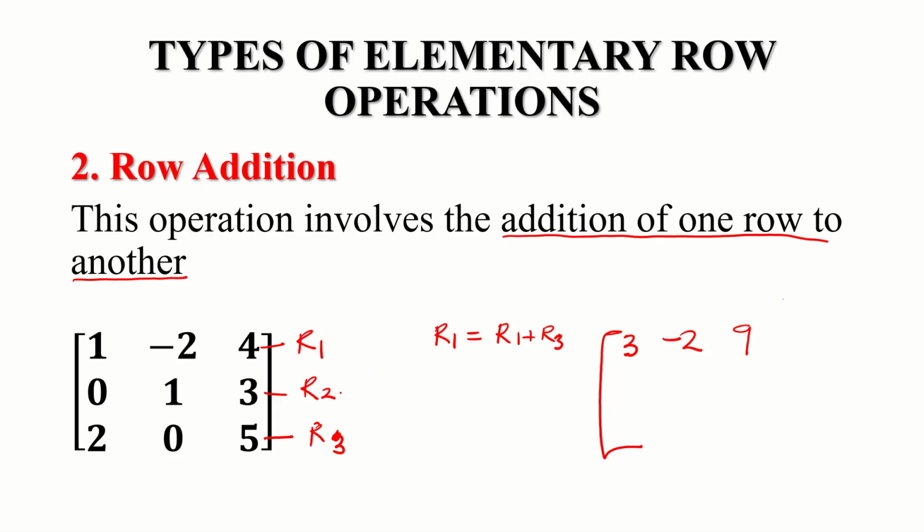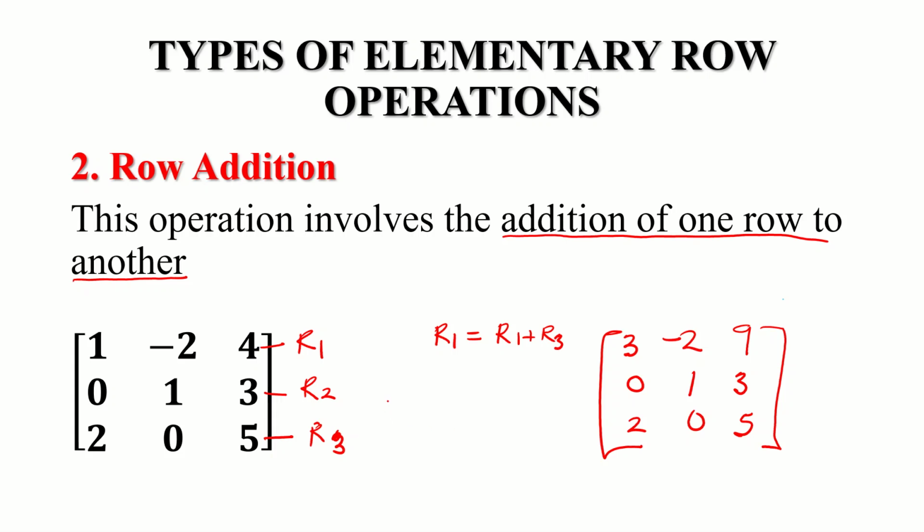Since we are not adding the rest of the rows to row 1, we leave them as we see. So we have 0, 1, and 3, and the last one, 2, 0, 5. And basically, this is how we perform row addition under elementary row operations.